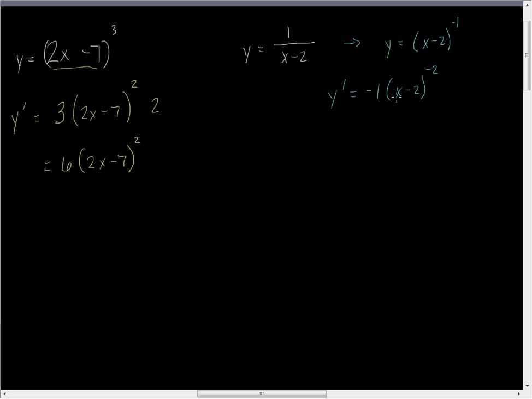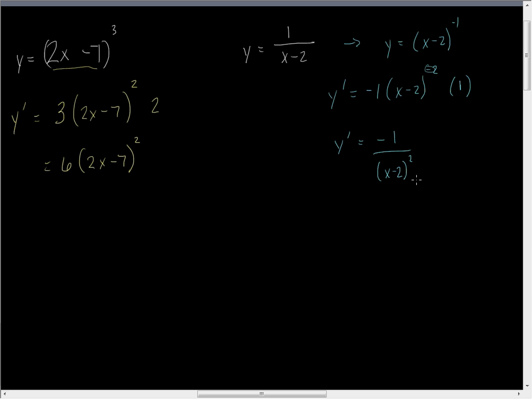And then we multiply it by the derivative of the inside, which is just 1. And so we have y prime is equal to negative 1 times 1, which is negative 1. And because this sign is negative, we are going to put that underneath. And it's x minus 2 quantity squared on the bottom.